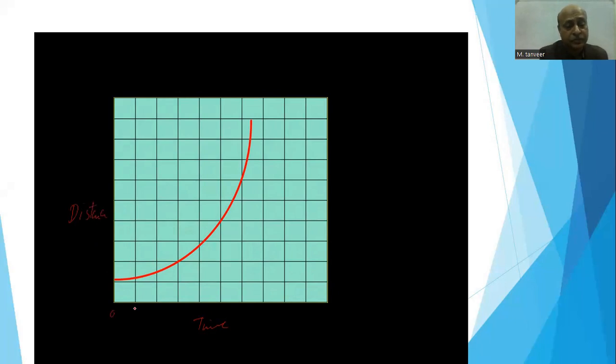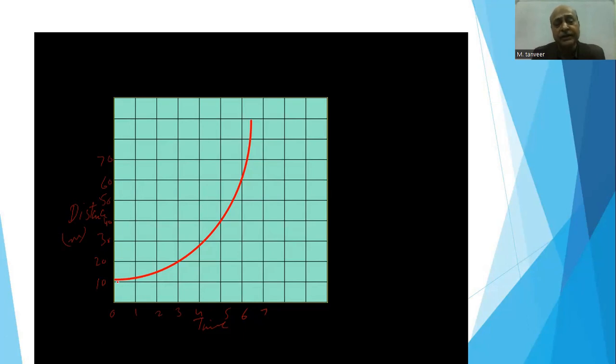Time is 0, 1, 2, 3, 4, 5, 6, 7. Distance was 10, 20, 30, 40, 50, 60, 70, and so on. It is in meters. Time is in seconds. You want to find what is the speed of the body. Graph is in this shape.